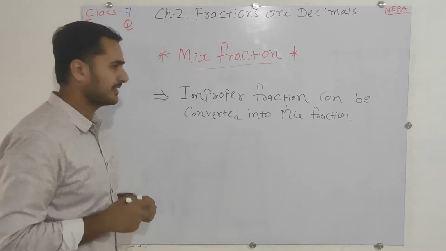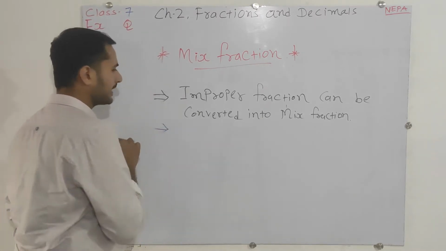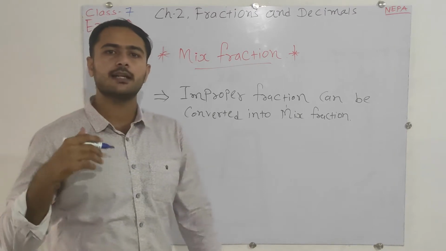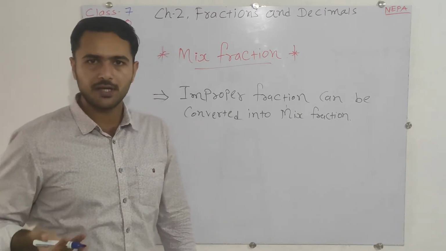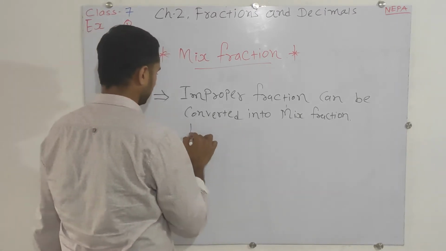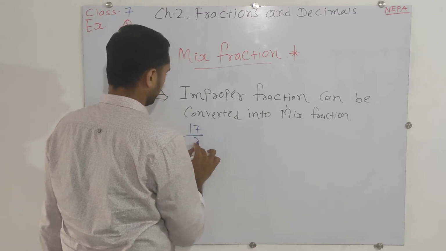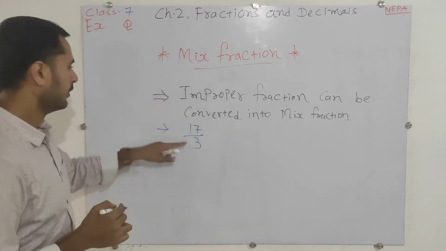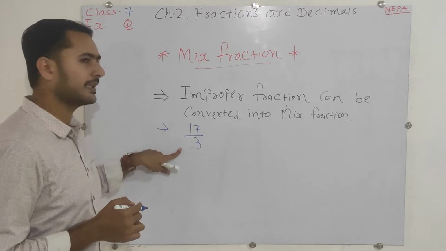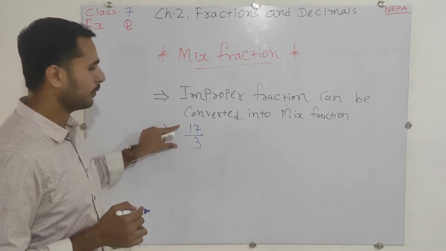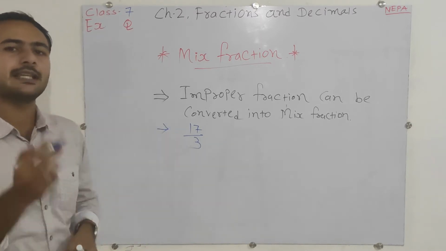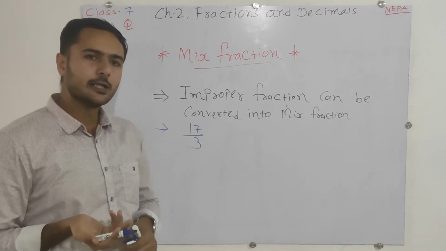Now, let's take one example. Improper fraction means the numerator is bigger than the denominator. Let's select any number, 17 by 3. See here, the numerator is 17 and the denominator is 3. It means we can observe that the numerator is actually greater than the denominator.